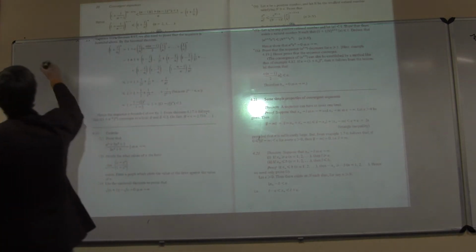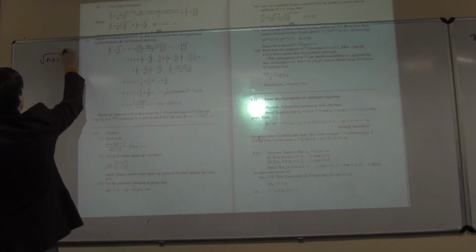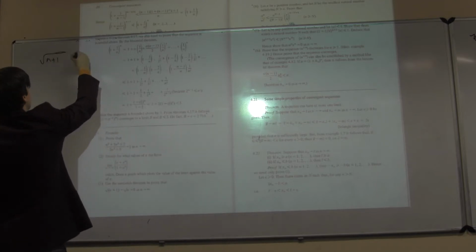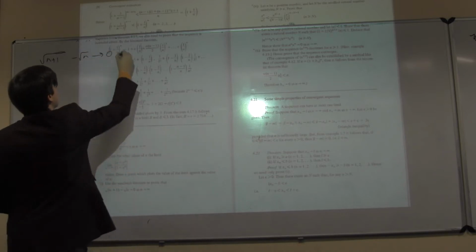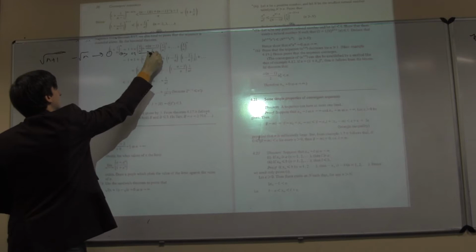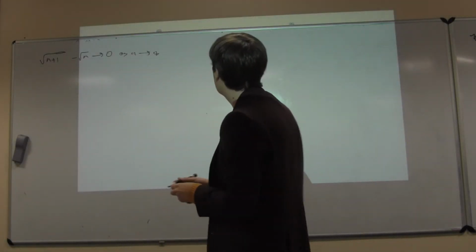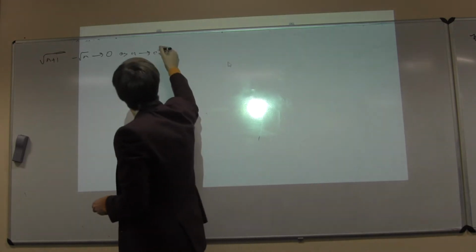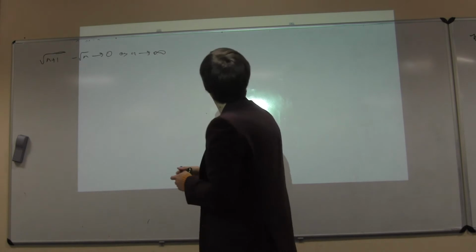So the claim is that square root of n plus 1 minus square root of n goes to 0.